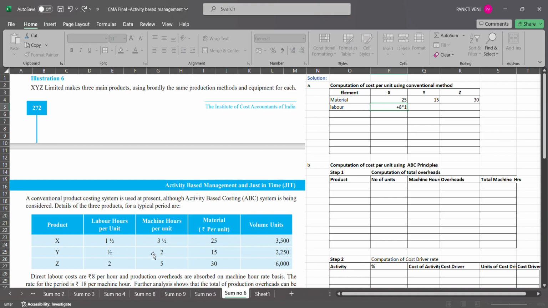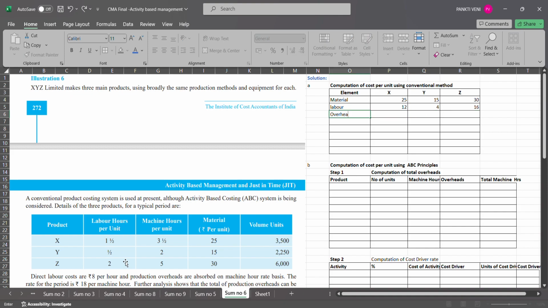So 8 into 1.5, then 8 into 0.5, then 8 into 2. So my labor part is done.